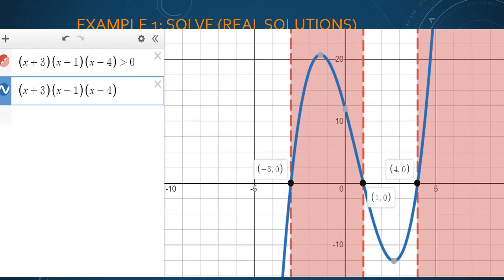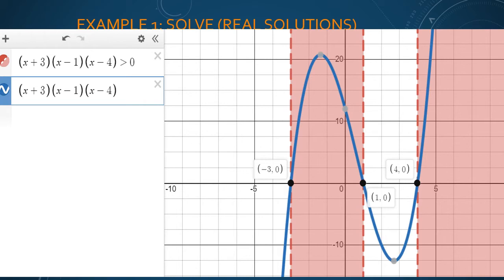If you take a look at the equation on the left where the red is, that's our inequality we're looking to solve, and it wants to know when it's greater than 0. What does that really mean? Well, that really means when is it above the x-axis? In other words, when is my function positive? When is my function negative if it was less than?